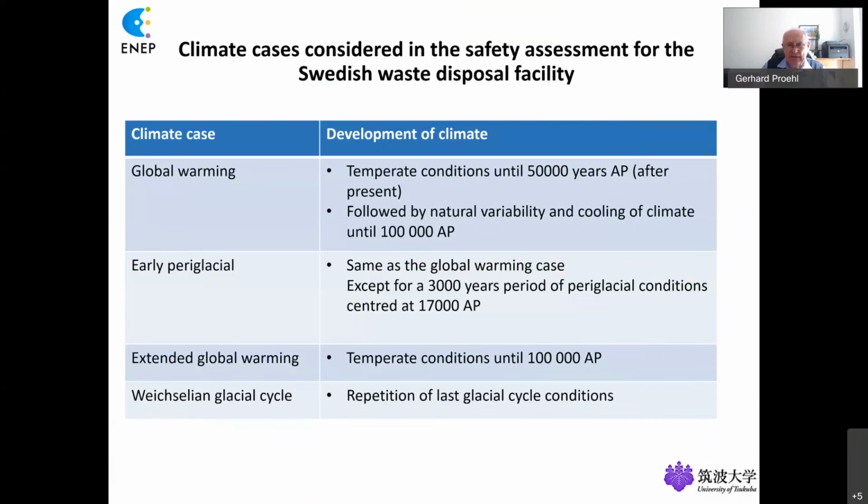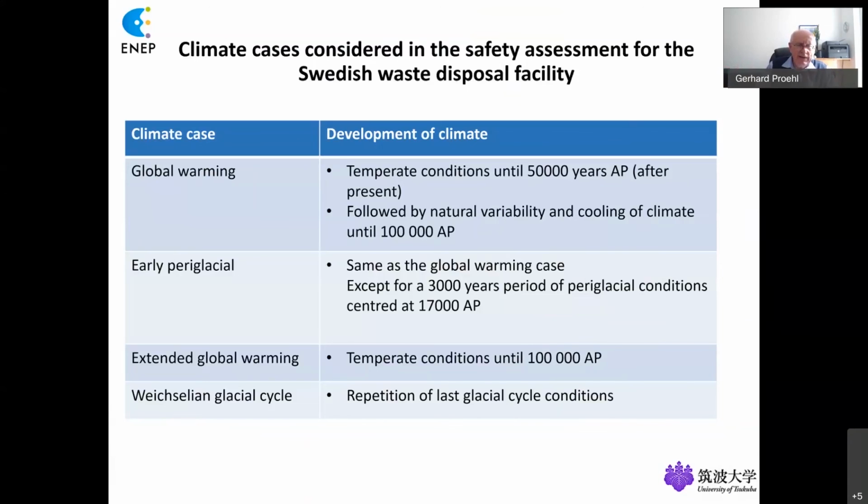The climates considered in the safety assessment for the Swedish waste disposal facility are the following. First of all, global warming. This means we have temperate conditions until 50,000 years after present. And after this, we have a natural variability, cooling of climate until 100,000 years after present. Then there is the early glacial.